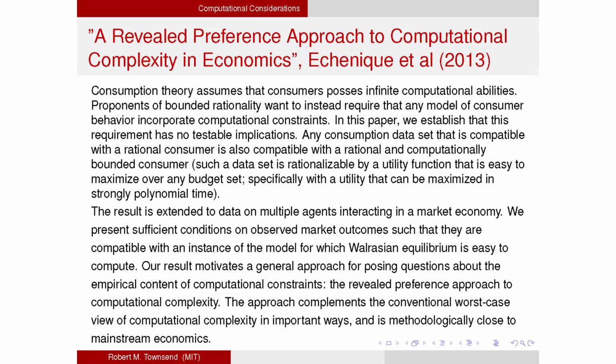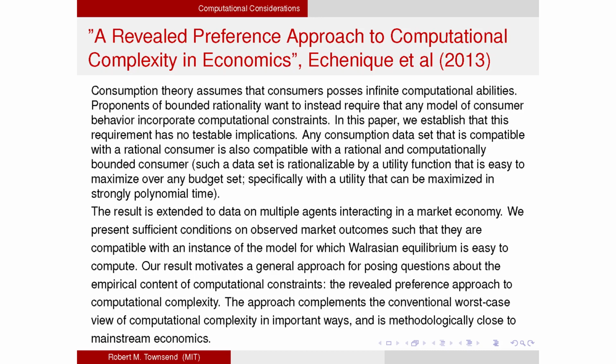They may choose something, but it wouldn't be the full solution because they're not able to compute it. And Echenique and his co-authors are saying that's false. Very much in the spirit of revealed preference, any consumption data set that is compatible with a rational consumer is also compatible with a rational and computationally bounded consumer.